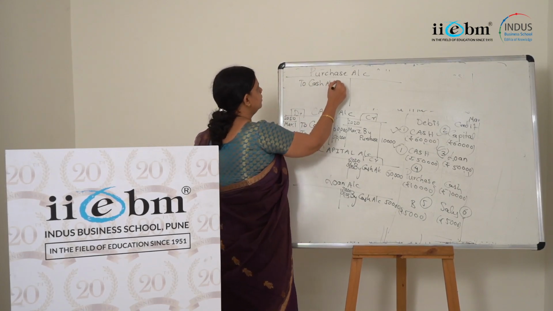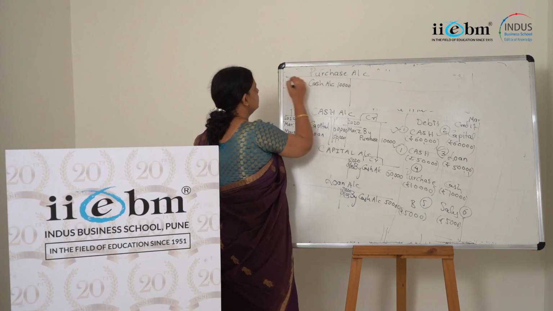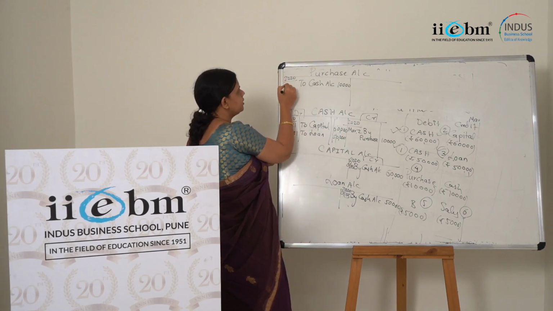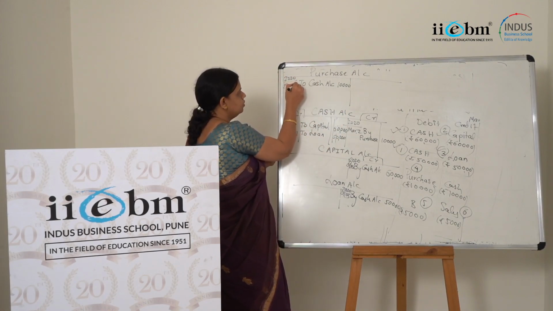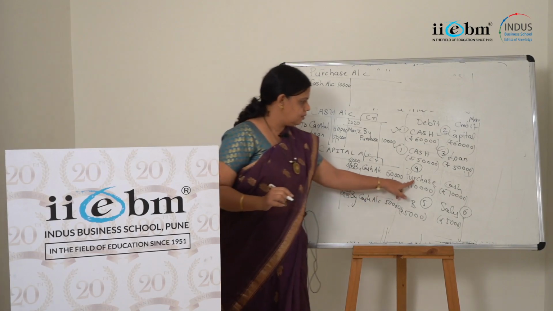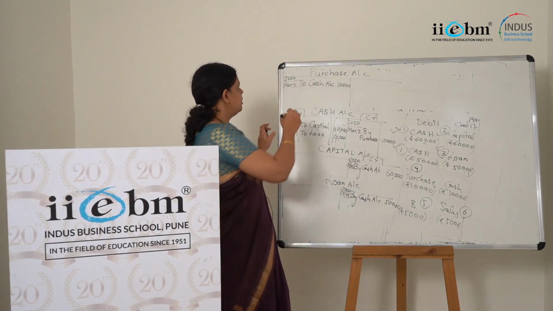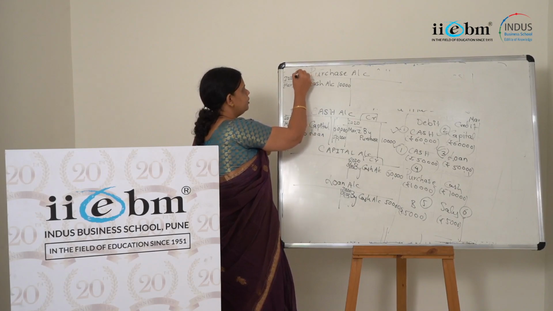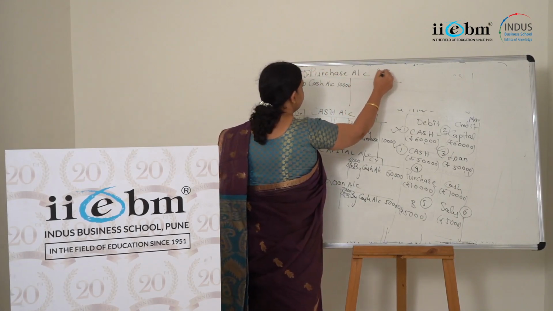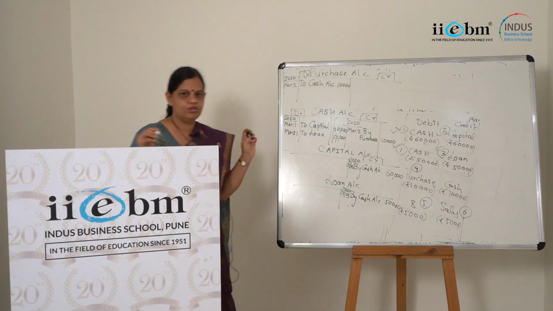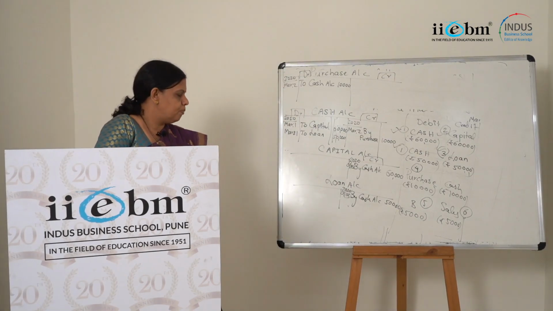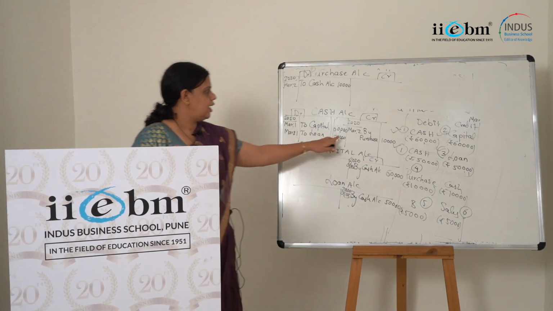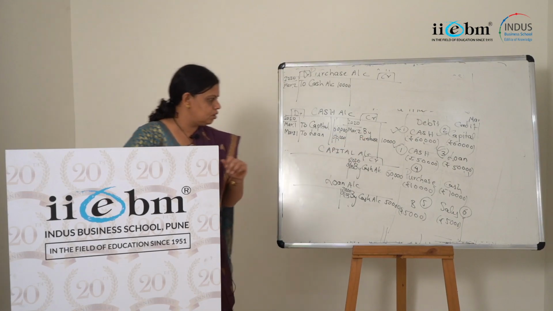What is that amount? 10,000, right? So this transaction is happening on March 2, right? The effect is given purchase on the debit side. Left hand side is your debit side, right hand side is your credit side. This part you have to remember in ledger accounting. So purchase debit to cash and in cash by purchase 10,000.